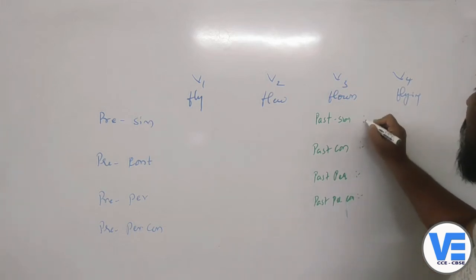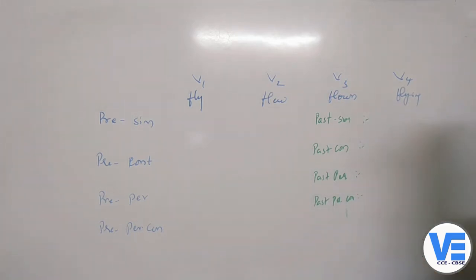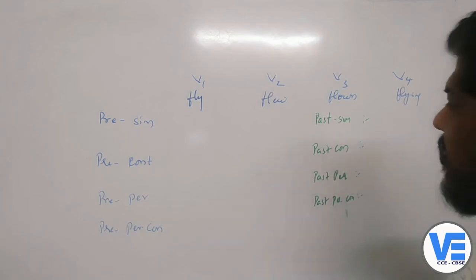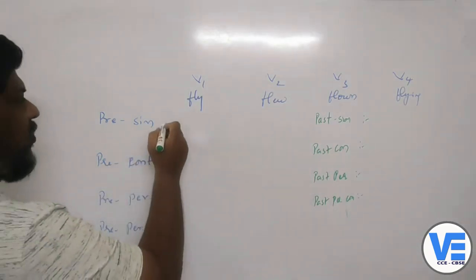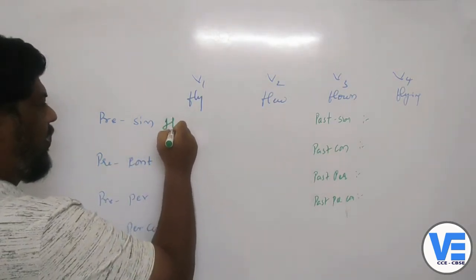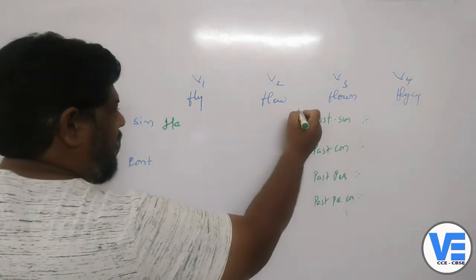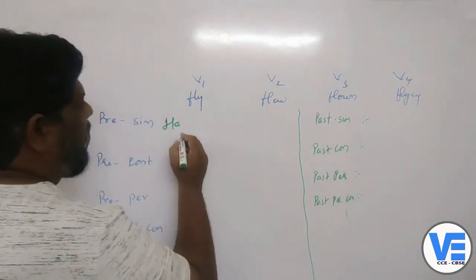Okay, so we'll see the 8 different tenses and their examples now. Okay, so now here if you see present simple, let me take the subject called as he. Okay, he, let me draw a line first here.